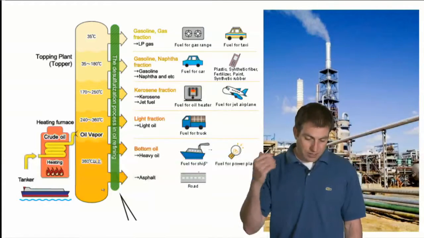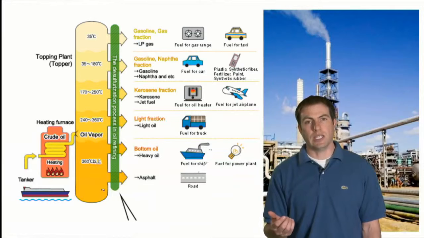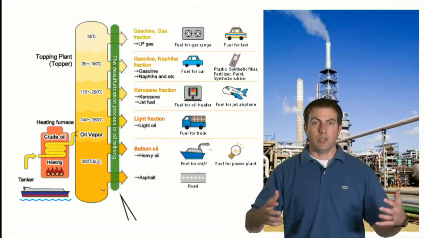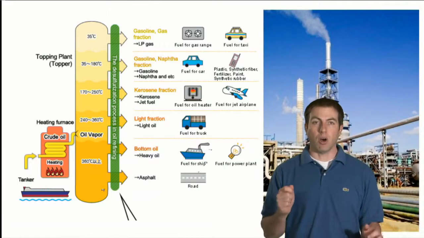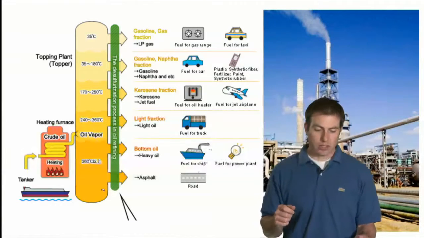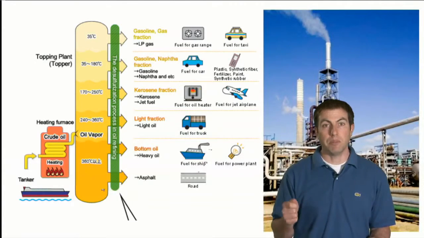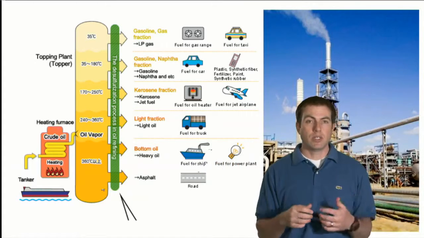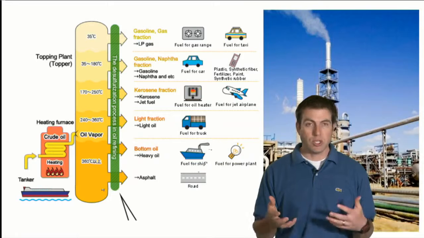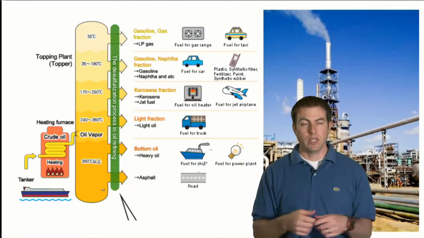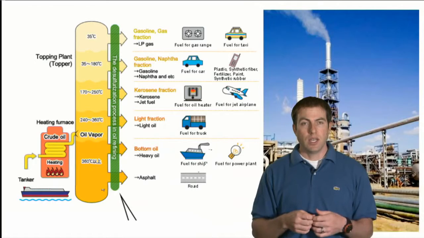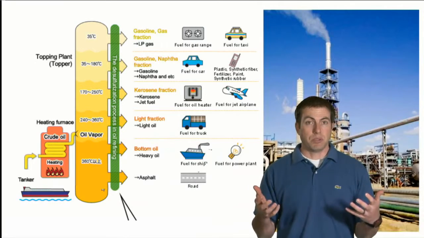I forget the exact statistic. I wish I would have written it down, but if you imagine all the cars on Earth and you combine them all together and you turn them all on, the 6 biggest tanker ships in the world produce as much pollution as all of the cars combined. You think of all the millions and millions of cars that exist, they produce a bunch of pollution.